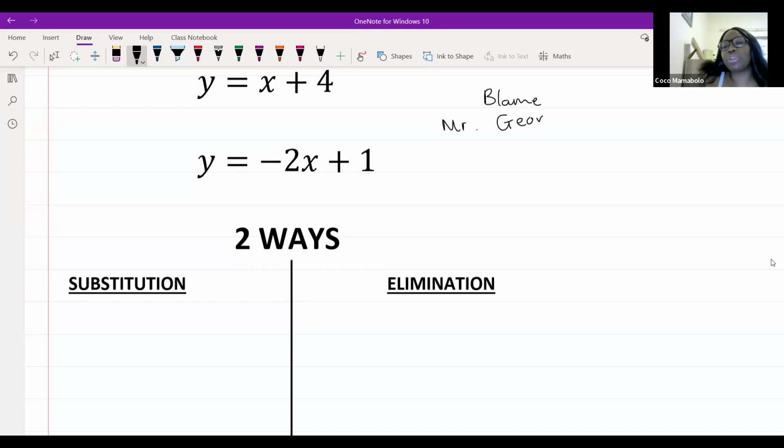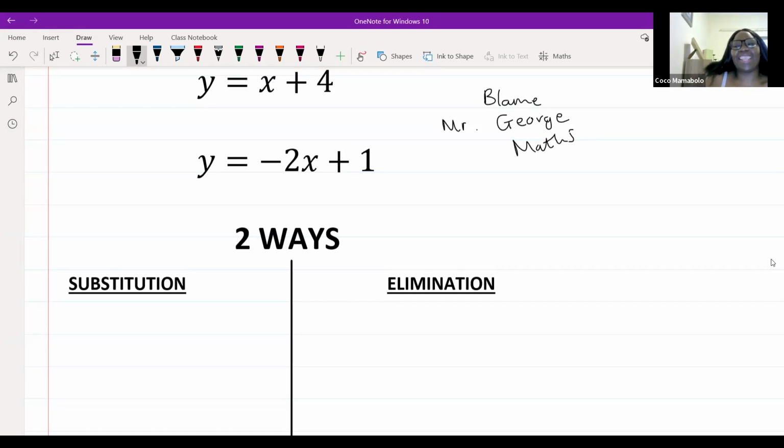When I couldn't remember who invented the TV, in my exams and my tests at school, I used to just write Mr. George TV. And then they'd be like, who invented the telephone? Mr. George telephone. And my teacher used to get very annoyed at me. But I used to do that all the time. So who are we going to blame for hard things? We're going to blame Mr. George Maths.